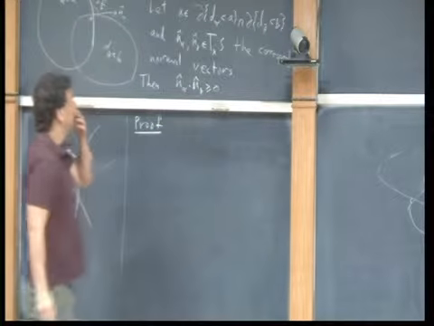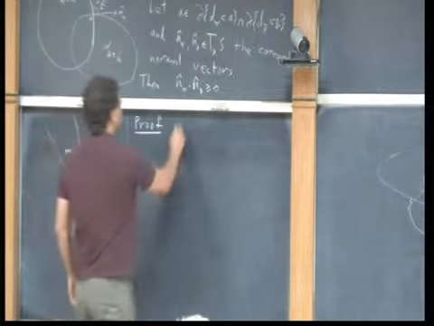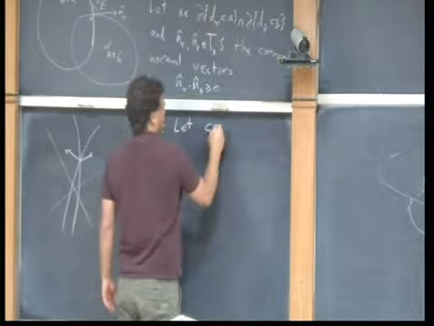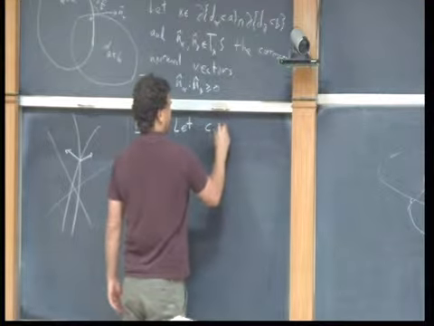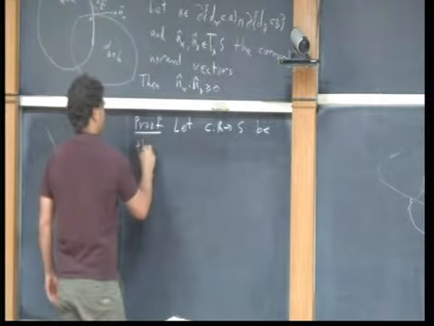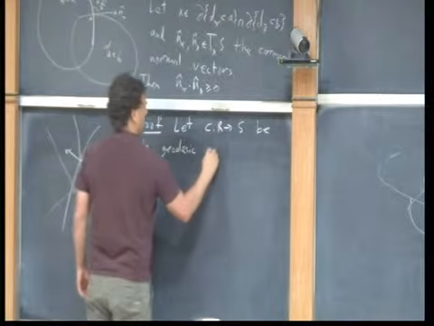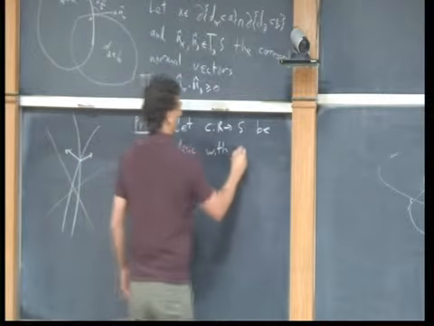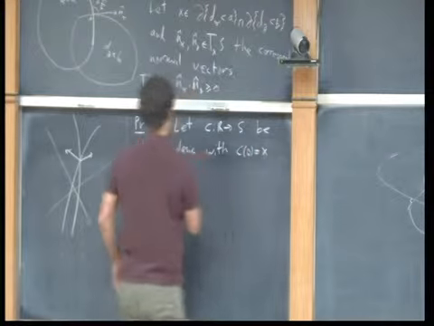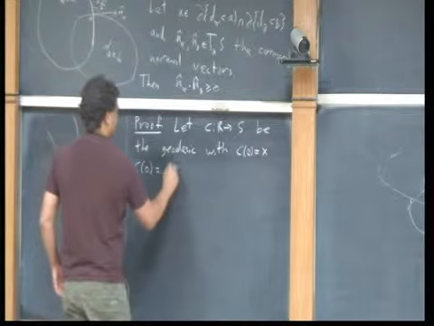So let c be a geodesic with c(0) equals x, and c dot of 0 is n_alpha.